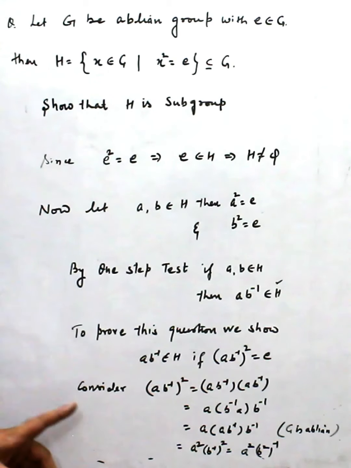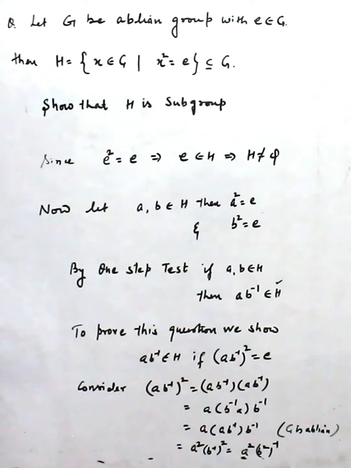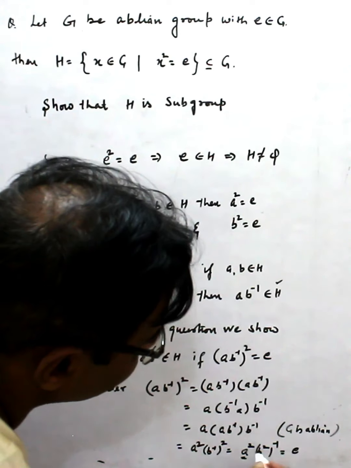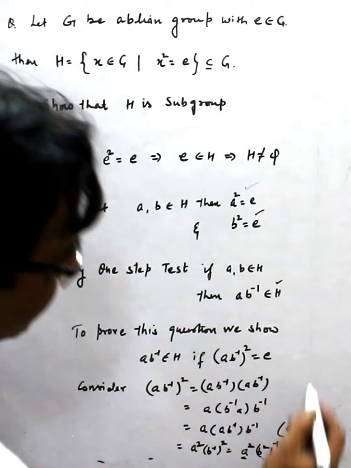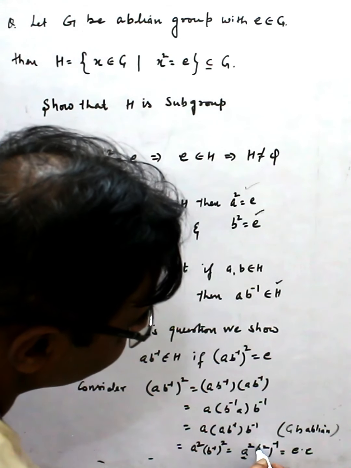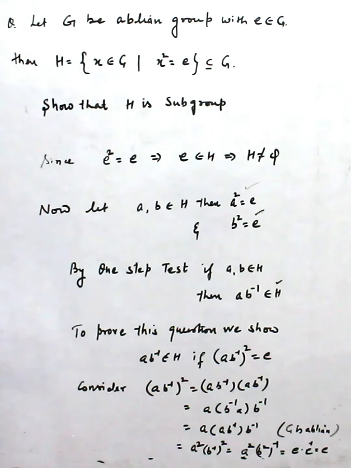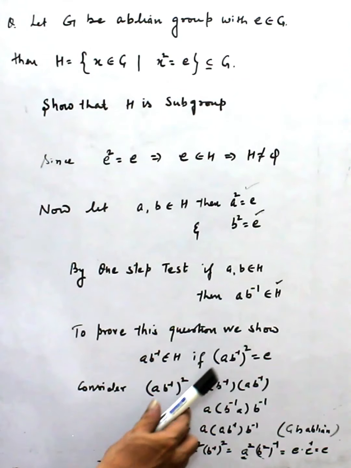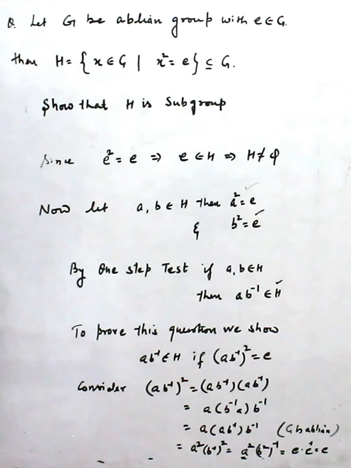That means this element is equal to identity. A square is identity, it is here, and b square also identity, it is here, and identity inverse is again identity, that means it is identity.